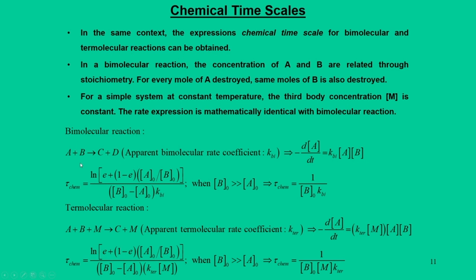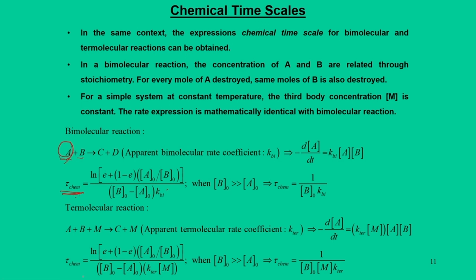In a bimolecular reaction, with the same philosophy, we can have expressions for tau chemical, because we require two species, concentration of A and concentration of B, that give C and D, and we need to find out the chemical time scale for A. So, the first term should be A. When I write this chemical time scale, this expression refers to the characteristic time scale for species A. For this species A, we need to find what is the initial concentration A0.